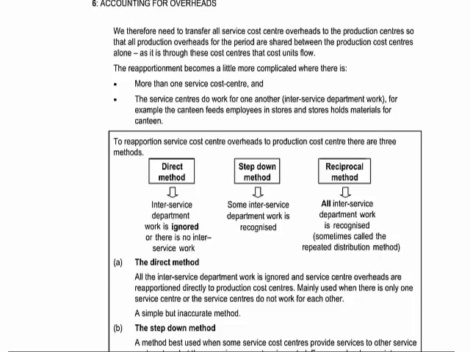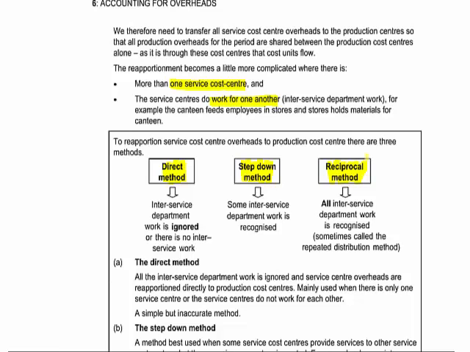This reapportionment is slightly more complicated if we've got more than one service centre and they do work for one another. For example, the store staff eat in the canteen. We've got 3 different methods then for reapportioning overheads depending on the scenario: the direct method, the step-down method, and the reciprocal method.